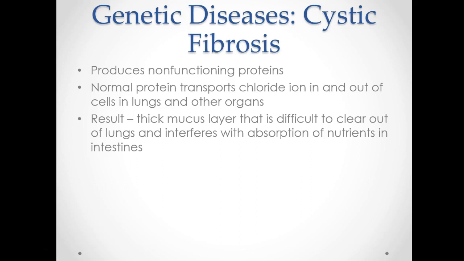If you don't have that functioning protein transport, that chloride ion channel, you get this really thick layer of mucus, and the thick layer of mucus is very difficult to clear, and it's a breeding ground for bacteria, for infections. So people with cystic fibrosis have to be very, very careful about lung infections.